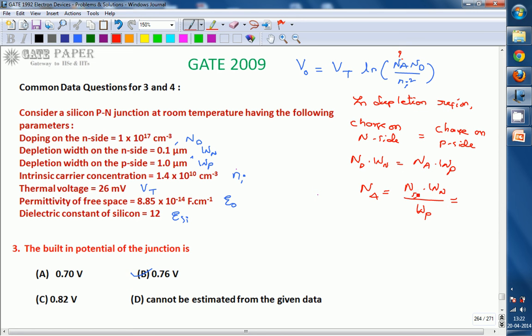Nd is given as 1 into 10 power 17, Wn is 0.1 micrometers, and Wp is 1 micrometer. So Na can be calculated as 1 into 10 power 16.